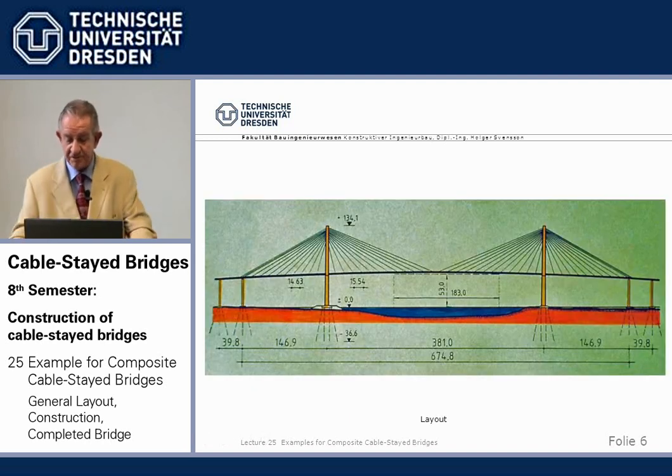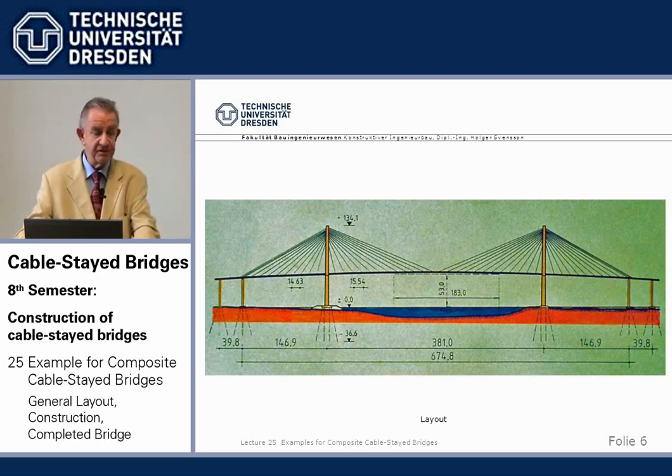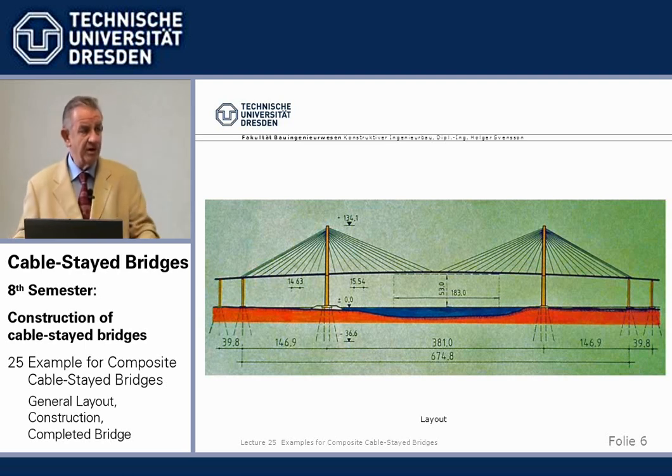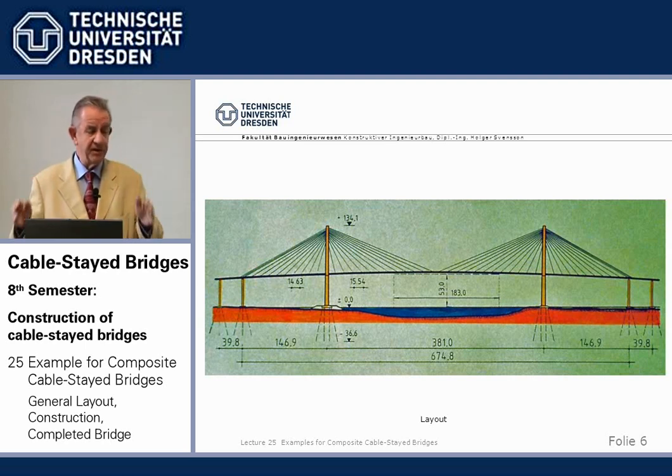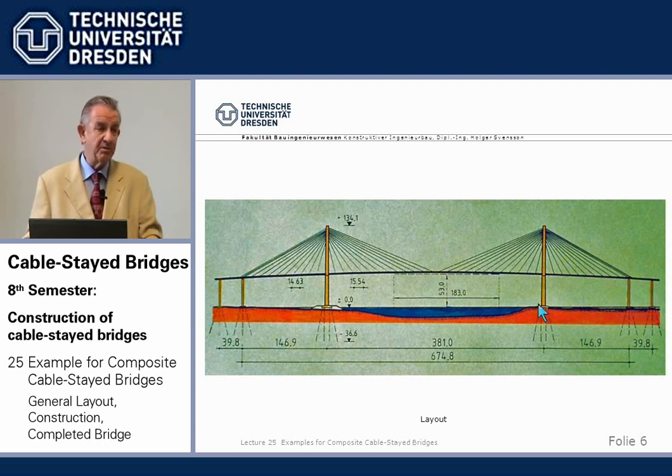Main span 381 meters was given by the authorities, more or less by the conditions. Protection against ship collision is important. A lot of oil tankers going in and out of the Houston Ship Channel. On one side, it was virtually founded on land, not reachable by the ships.